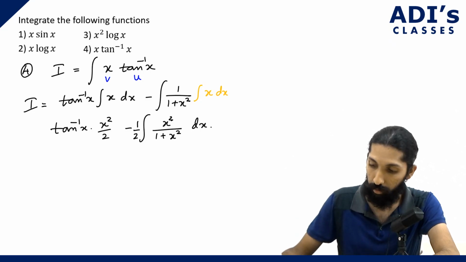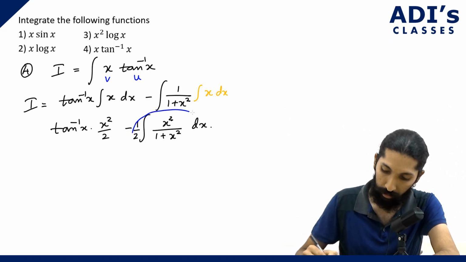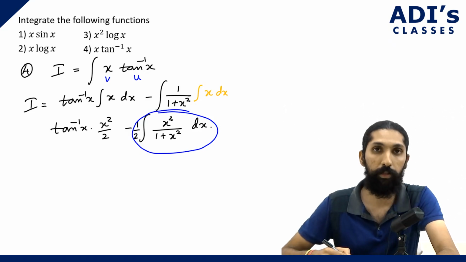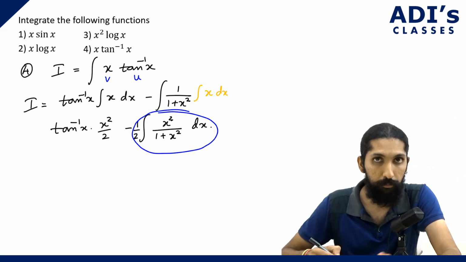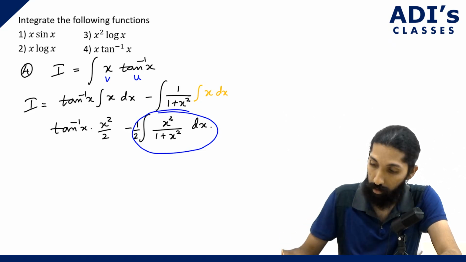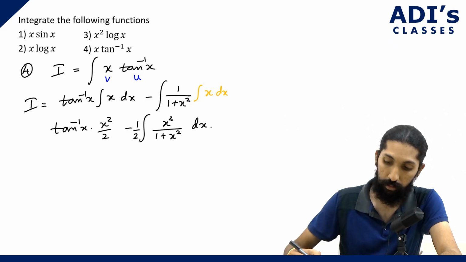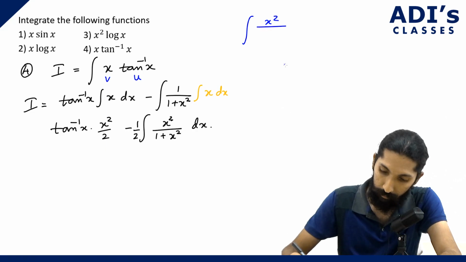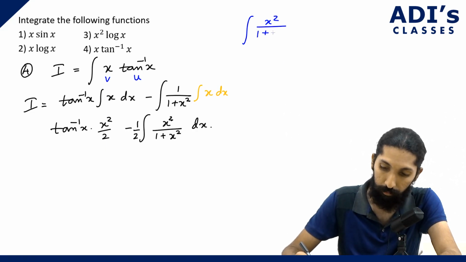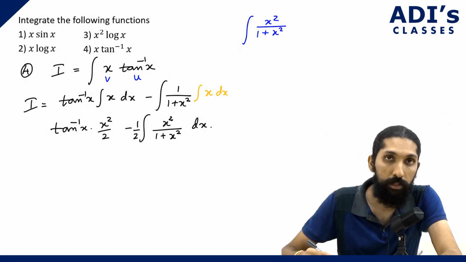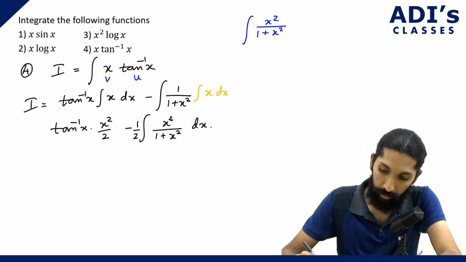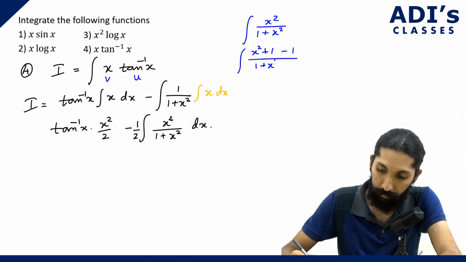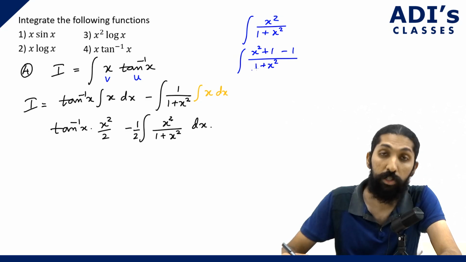Now let's consider only this integral part. Let's not do the rest of the part, because the first part is quite simple, the previous part, right? Now we'll do this as a side part. That is, we are doing the integral of x square by 1 plus x square. Now add 1, subtract 1. That means the integral of x square plus 1 minus 1 by 1 plus x square. Correct? Now split it.